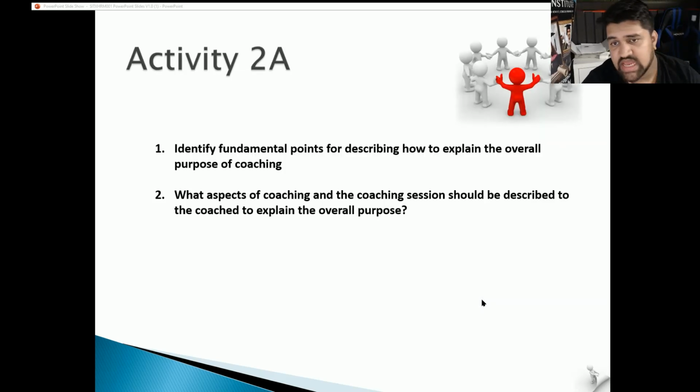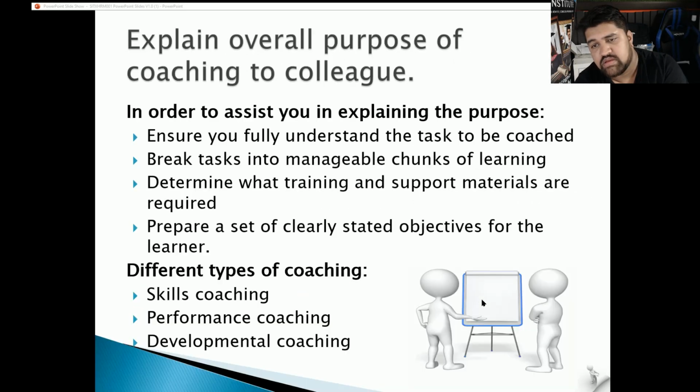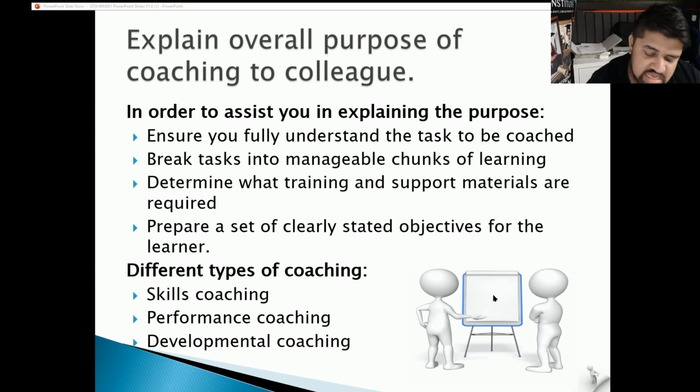Alright, activity 2A. Identify fundamental points for describing how to explain the overall purpose of coaching. So essentially what you'd want to do to describe the overall purpose is ensure that you fully understand what you are going to be coaching that person on.